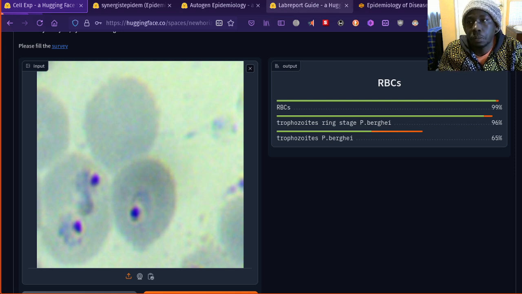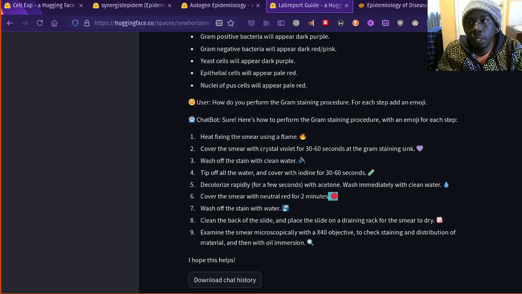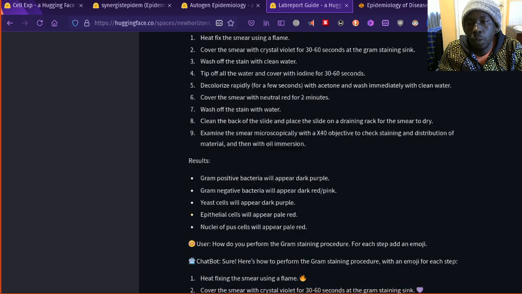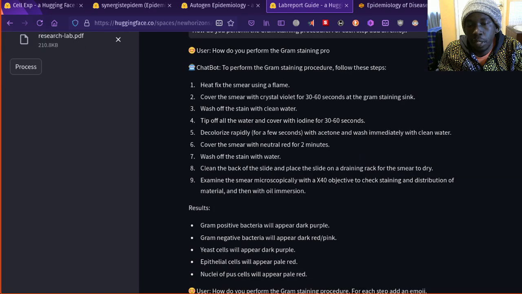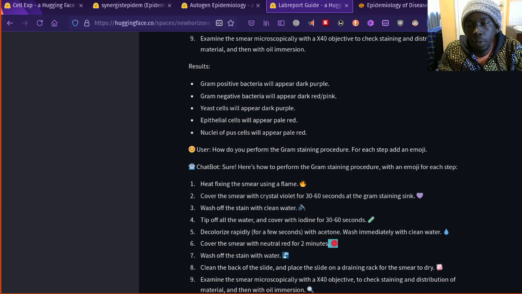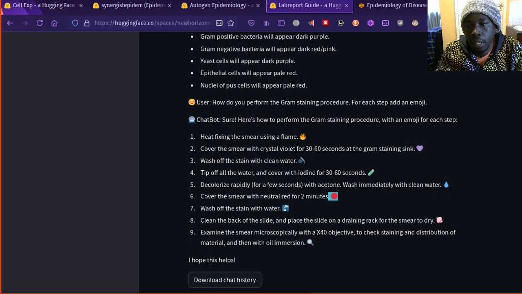professionals. As for the laboratory guide, or the lab protocol guide, what I did is I uploaded a couple of my documents. They have been changed into a representation that's easy for search and retrieval. And what I've asked is, how do I perform the gram staining procedure? And for each step, add an emoji. And then the model was able to tell me, oh, this is how you do it from your documents.